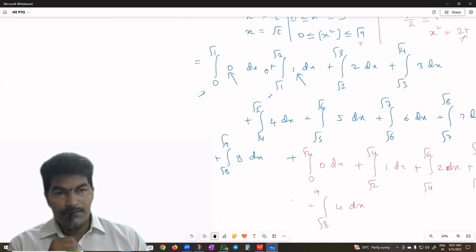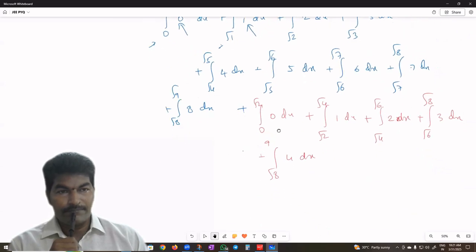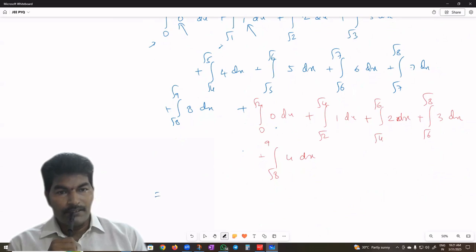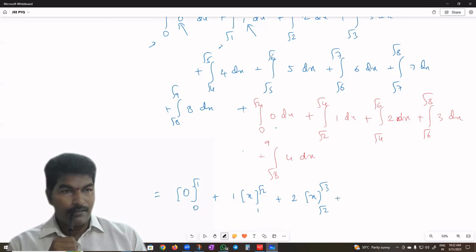Look at the first values: 0 dx is 0 and 1 dx is x. We will write that. Integral of 0 under limits 0 to √1. Next is 1 into x under limits 1 to √2. Next is 2 into x under limits √2 to √3. Next 3 into x only, √3 to √4.